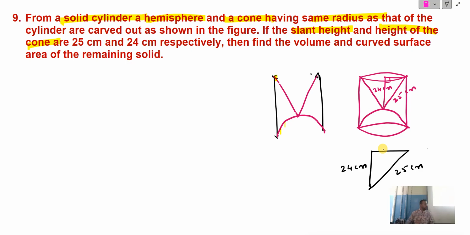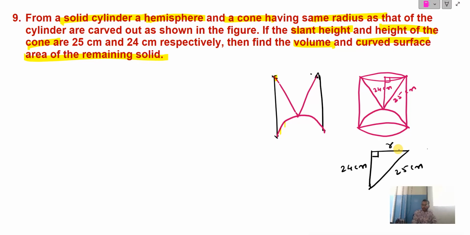If I apply Pythagoras, we can say that 25 square is equal to 24 square plus r square, as the square of the hypotenuse is equal to the sum of the squares on the other two sides. 25 square is 625, 24 square is 576, so 625 minus 576 is equal to r square. r square is equal to 49, r is equal to root 49. So the value of r is 7 centimeters. Now we got the value of r. Is this clear?